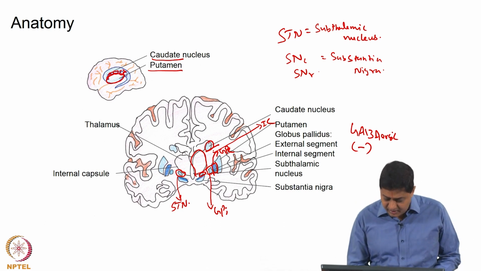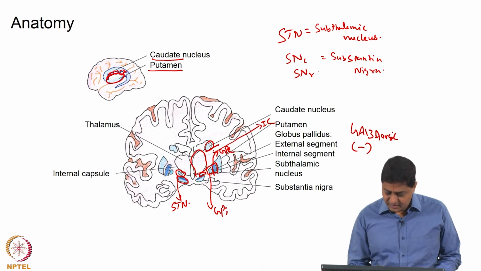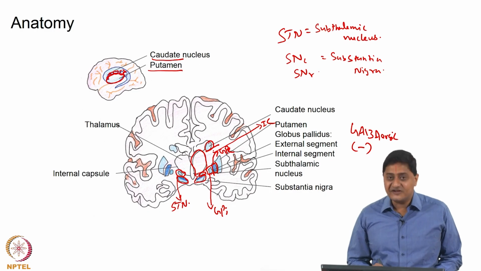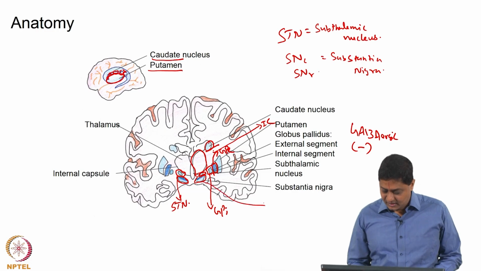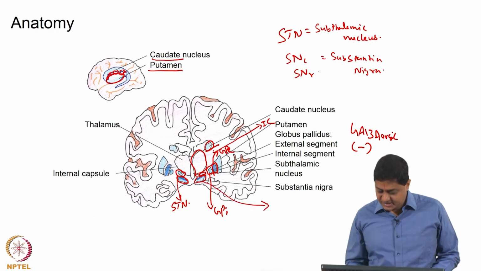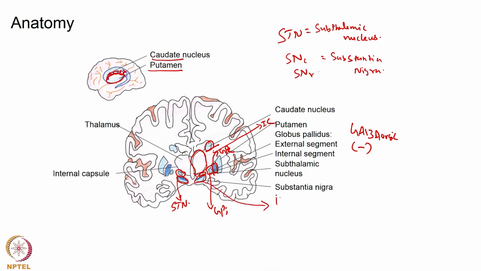So, in the midbrain you have what is called substantia nigra. This forms the mesencephalic part of the basal ganglia, that is composed of two parts, pars compacta and pars reticulata.